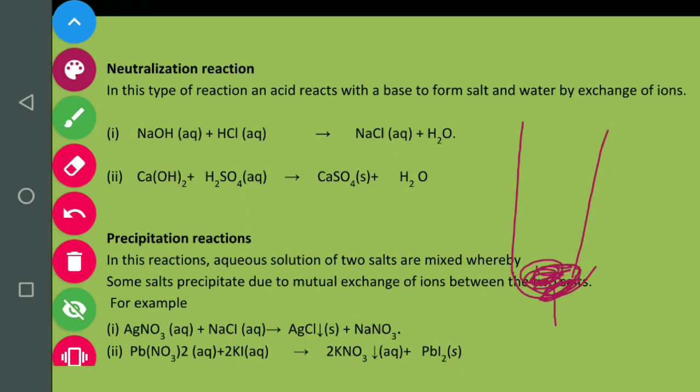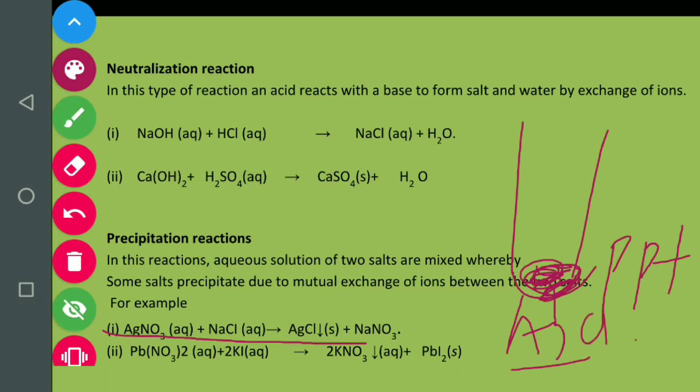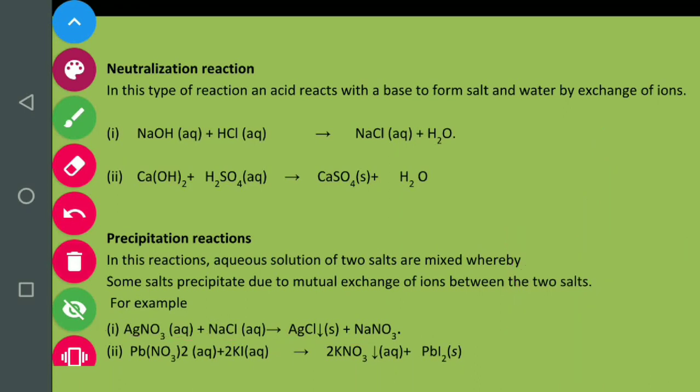This is known as your precipitate, denoted by PPT. In this given reaction, AgCl is formed, and that is your PPT, and the PPT is denoted with the help of a downward arrow.